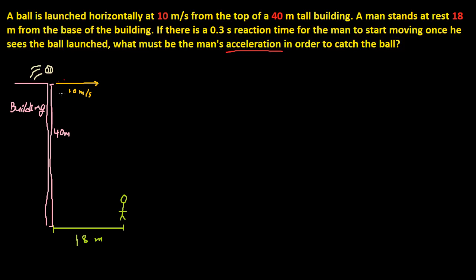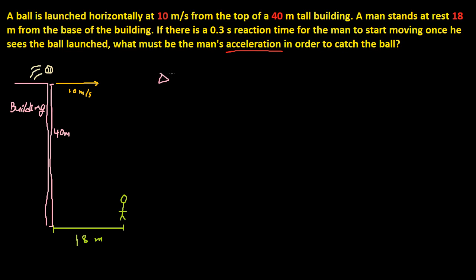If the ball is moving this way at 10 meters per second, we're just gonna assume that the y velocity is 0 when it starts. So how do we calculate how long it takes to get to the ground?